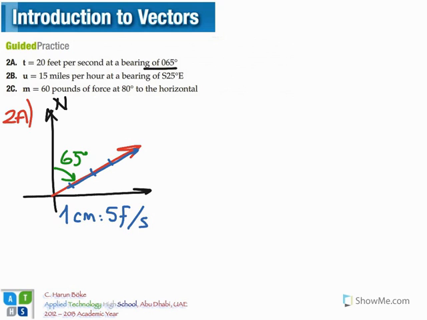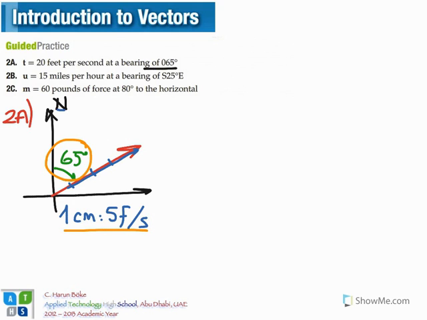So what I should do is I'm going to draw my coordinate axis. I'm going to define my north as the vertical axis, and then I'm going to measure 65 degrees of angle from north with my protractor, and then after writing my scale, and it completely depends on my choices, I'm going to draw an appropriate length for my vector.